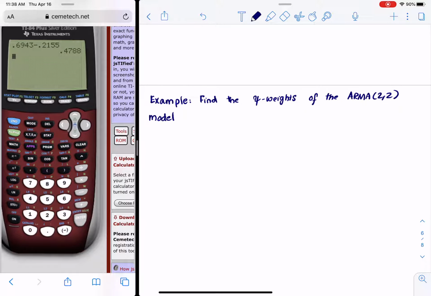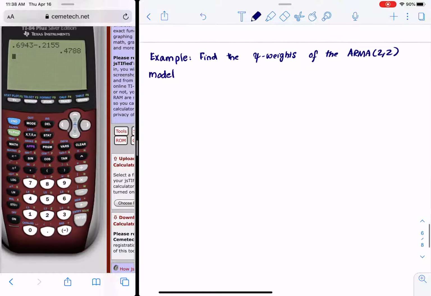We want to find the psi weights of the ARMA 2-2 model given by that, and we know the coefficients.